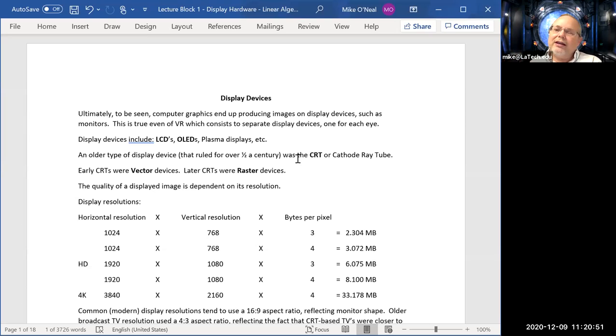So it doesn't draw a screen in a pulse. It takes two cycles to do that. So every 30th of a second, it would draw a full image. And 30 frames a second is enough that you get pretty smooth movement.